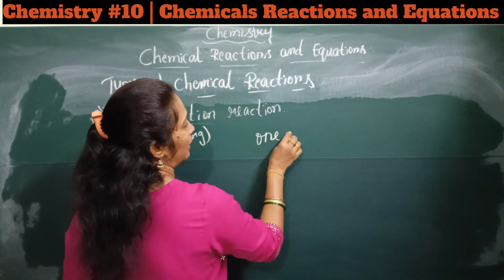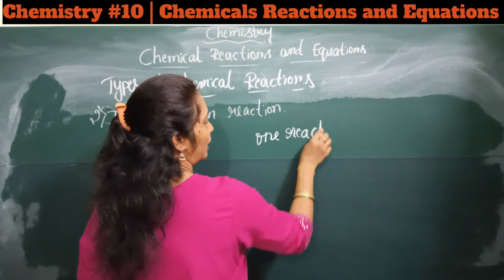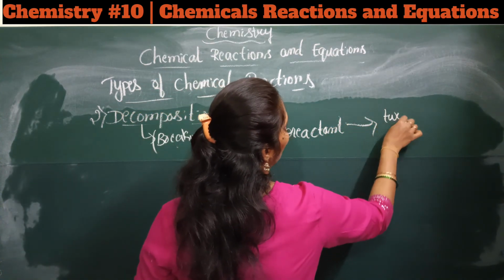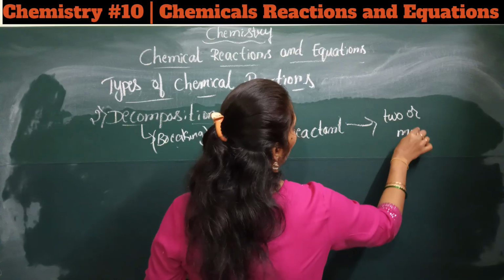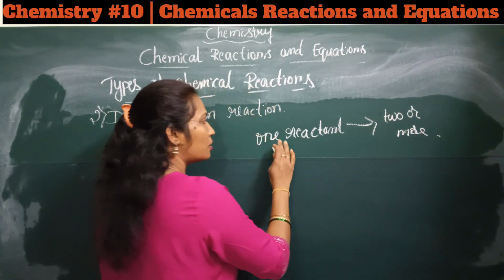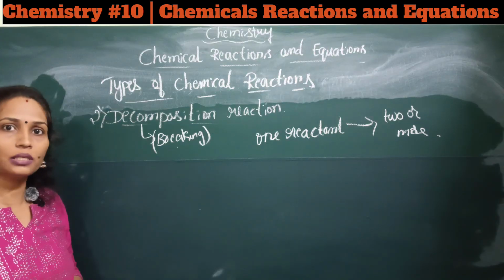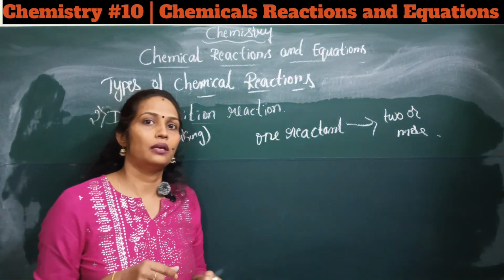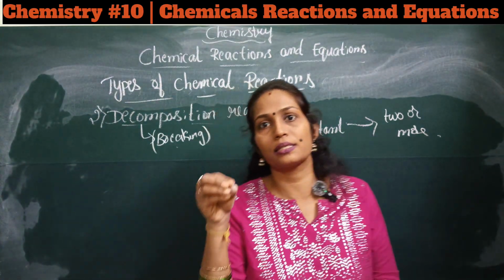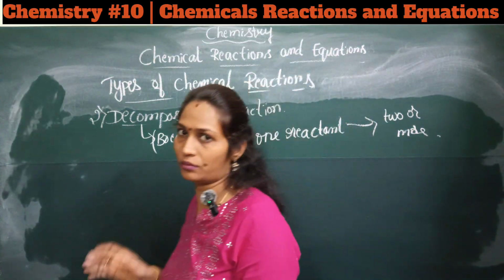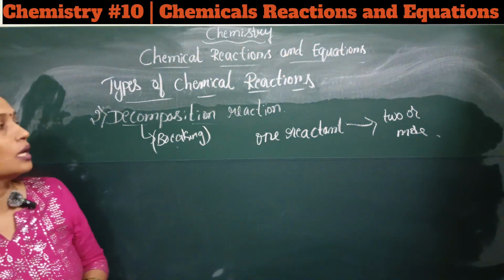One reactant is there, but on the product side there are two or more substances. For this kind of reaction, decomposition is not going to happen easily, guys. Some energy has to be supplied. Energy must be there in the breakdown process.